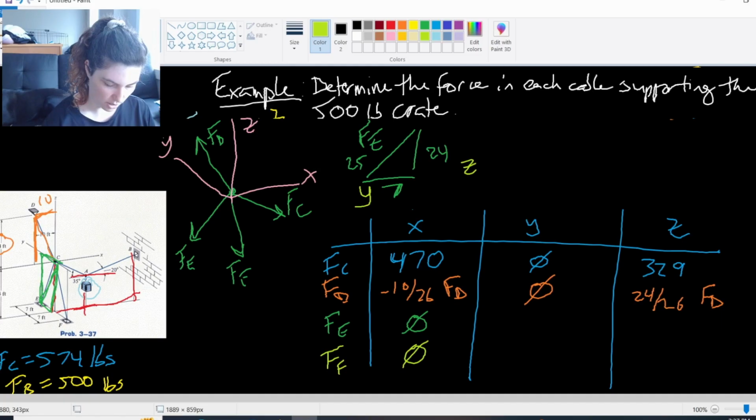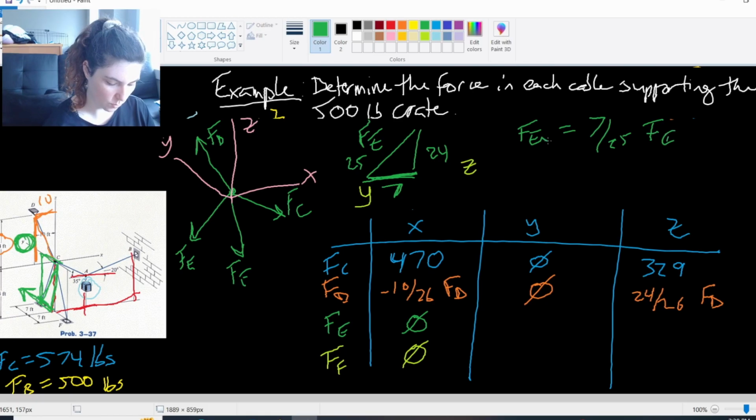So we look at our y component here. For FE, it's going back. It's going into the page, which we know is the positive y direction because that's what the problem indicated to us. So FE is going to be that ratio relationship 7 over 25 times FE. That's the y component of FE: 7/25 FE.